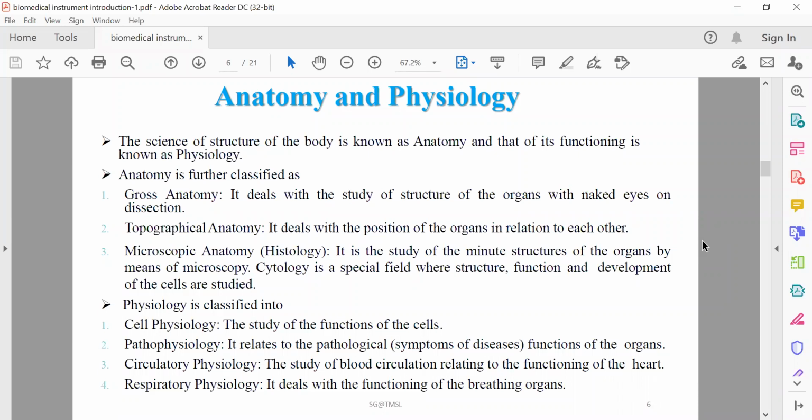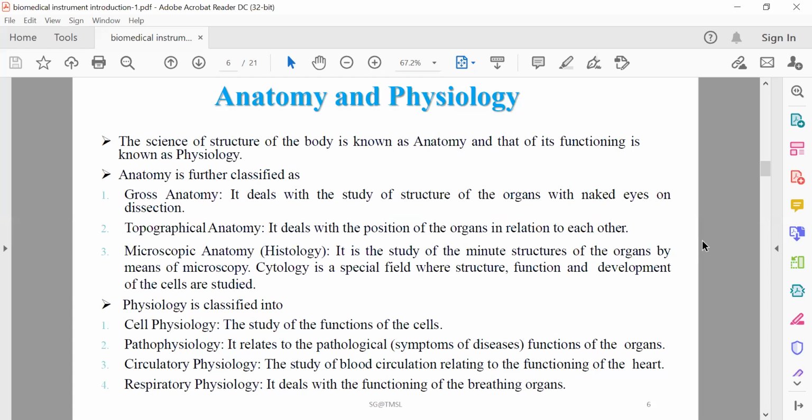Anatomy can be further classified as gross anatomy or topographical anatomy, or microscopic anatomy, which is also called histology. So what is gross anatomy? It deals with the study of the structure of the organs with the naked eye on dissection. That is gross anatomy.